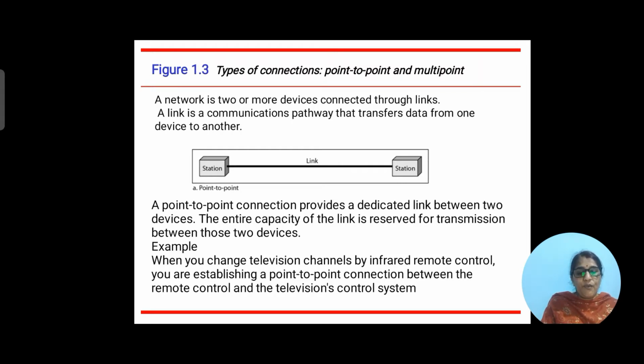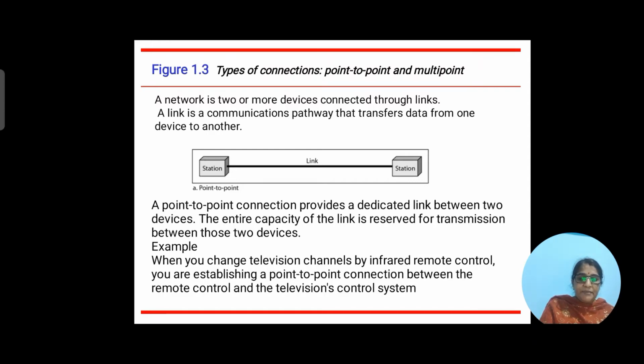There are two possible types of connection, as I told you earlier. First one is point-to-point and the other is multi-point. Let's see point-to-point. A point-to-point connection provides a dedicated link between two devices.